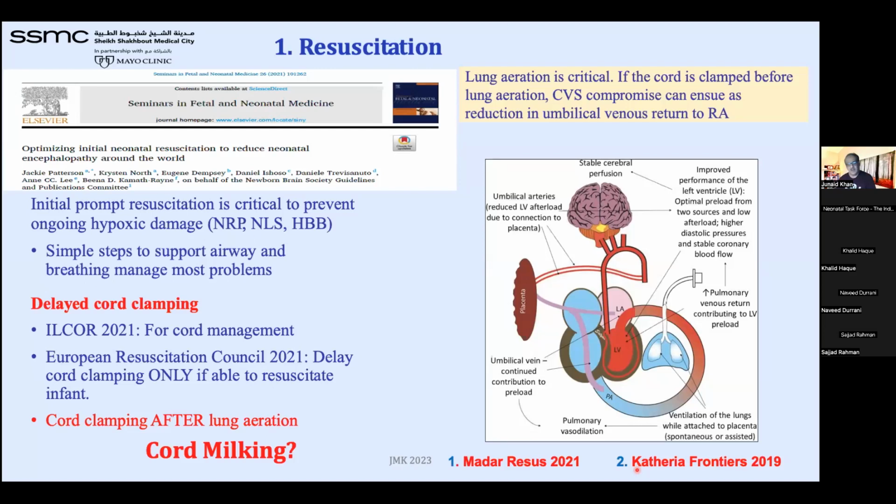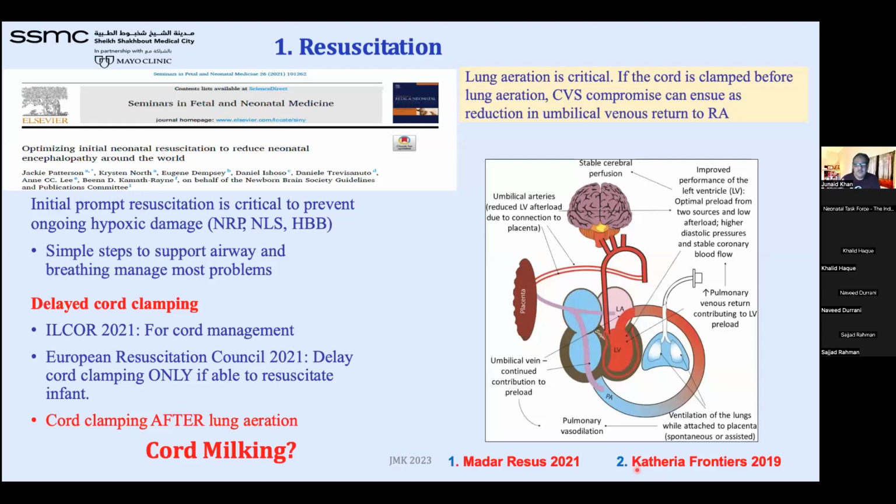If we do cord milking, does it give the same effect as delayed cord clamping? In December, I will be at Hot Topics, and he told me he's also coming, so we will discuss that in a roundtable discussion. At this point I don't know, but maybe it can have some effect.